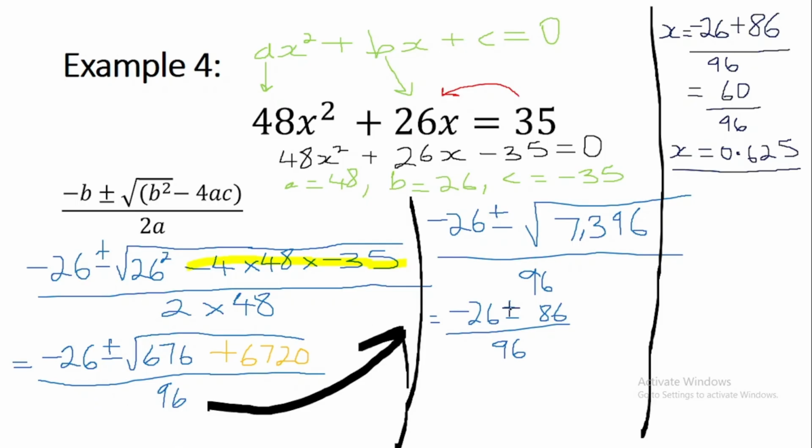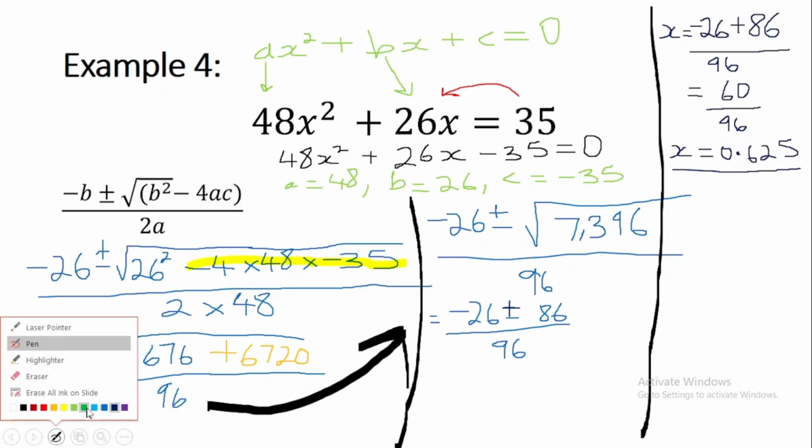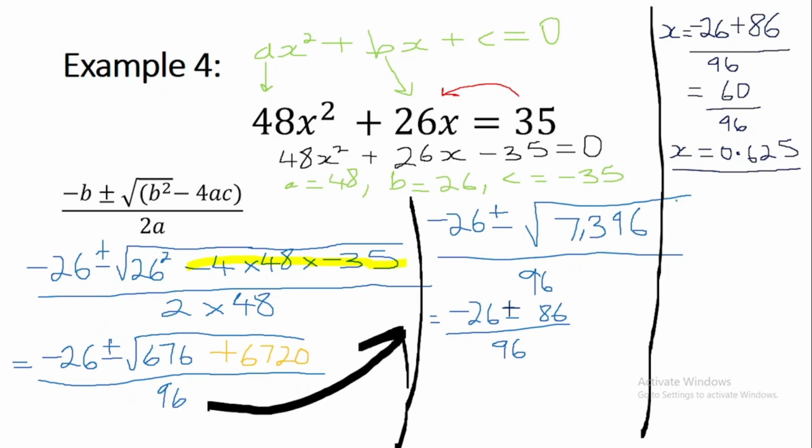So we're going to utilize this sign again, but we have used the addition sign, so now we're going to use the subtraction part of the sign. So we're going to have our x is equal to negative 26 minus 86 all over 96.